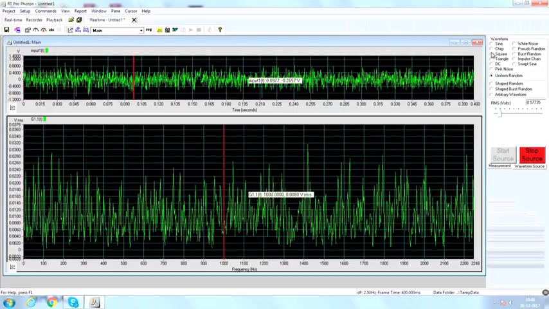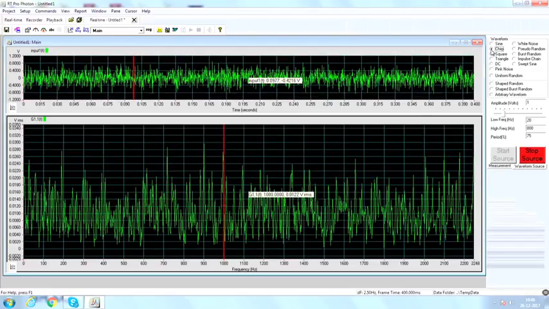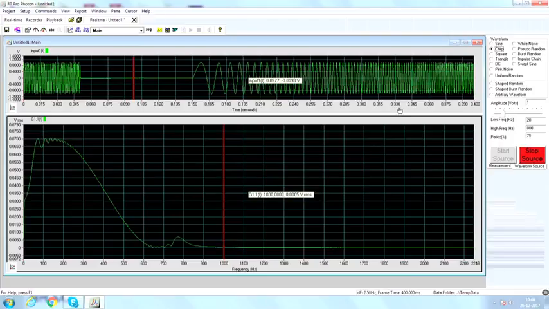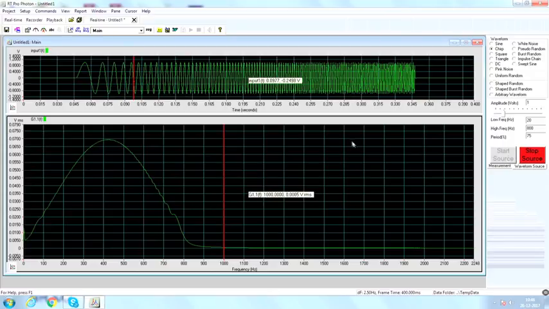Now, if you go to the chirp signal, because the frequency has changed, you will see the frequency has started. I can start again. See, this is a good example of a non-stationary signal.